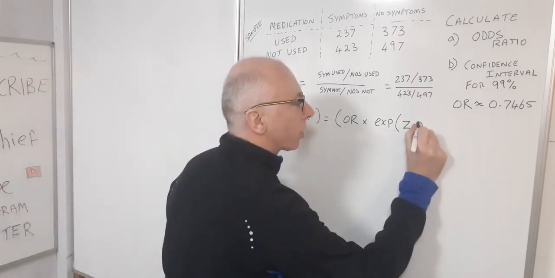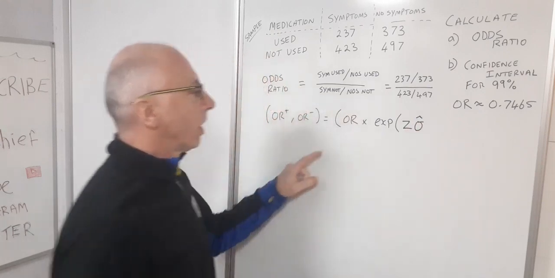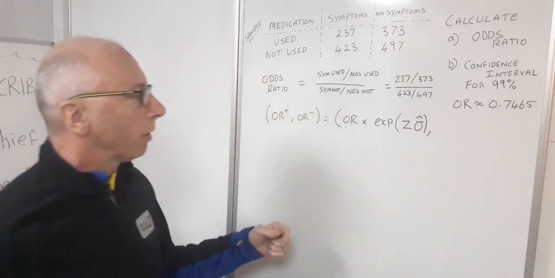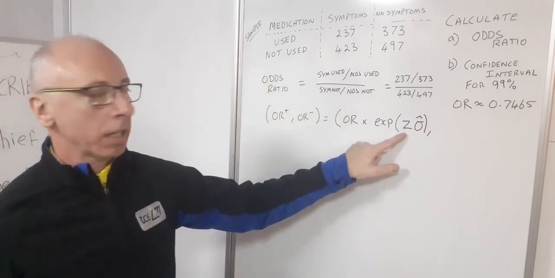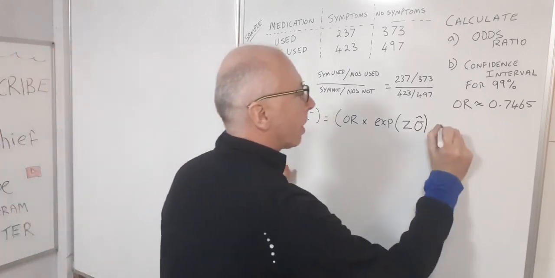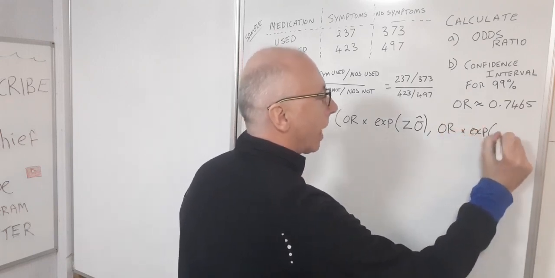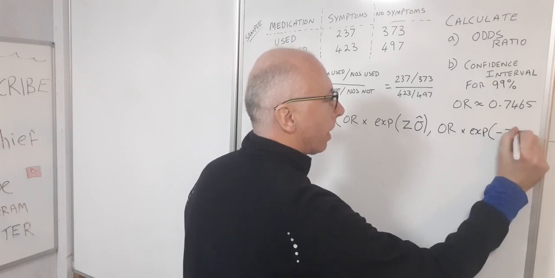That's our upper bound, and the lower bound is basically the same, but the exponential is to the negative term: our odds ratio multiplied by the exponential function of negative Z times standard error.